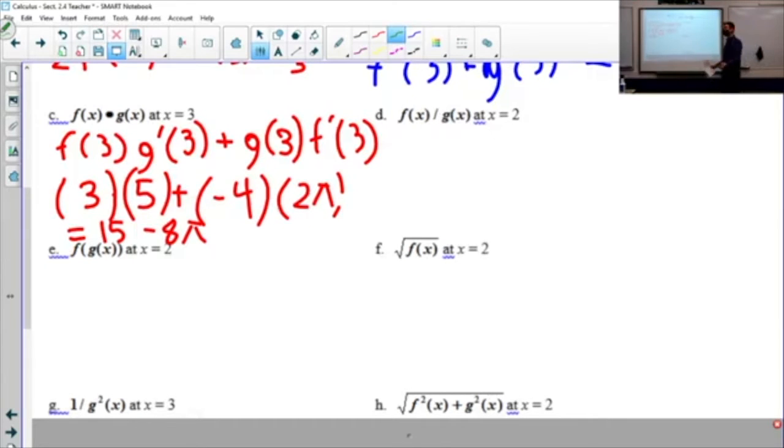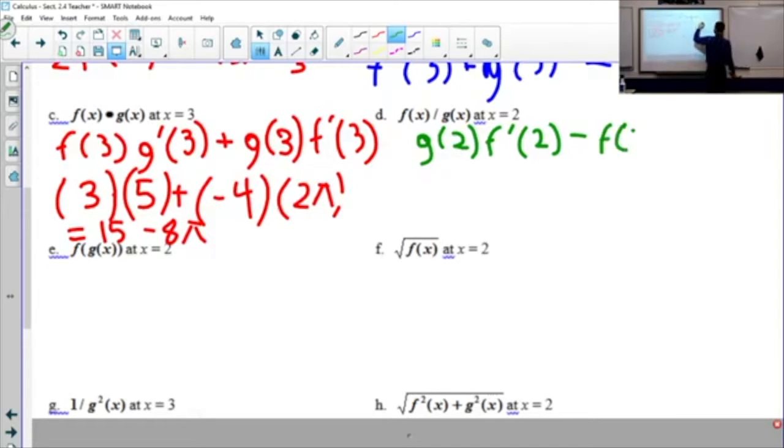Next up, it's going to be a quotient rule. So it's going to be low d high, derivative of f is going to be f prime, minus high d low, over the square of what's below.